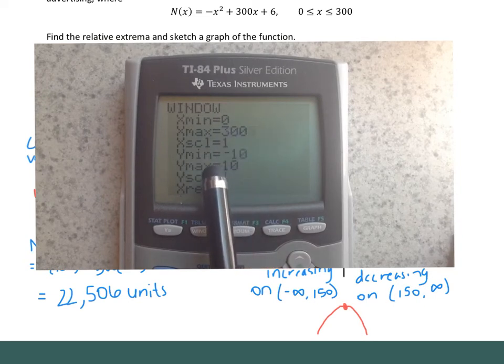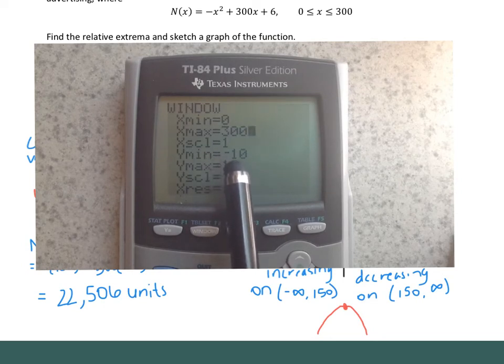Then if we look at our Y min and our Y max, in the context of the problem, our output values are the number of units sold of a new toy. So it doesn't make sense to have a negative number, so we can change our Y min to be 0.